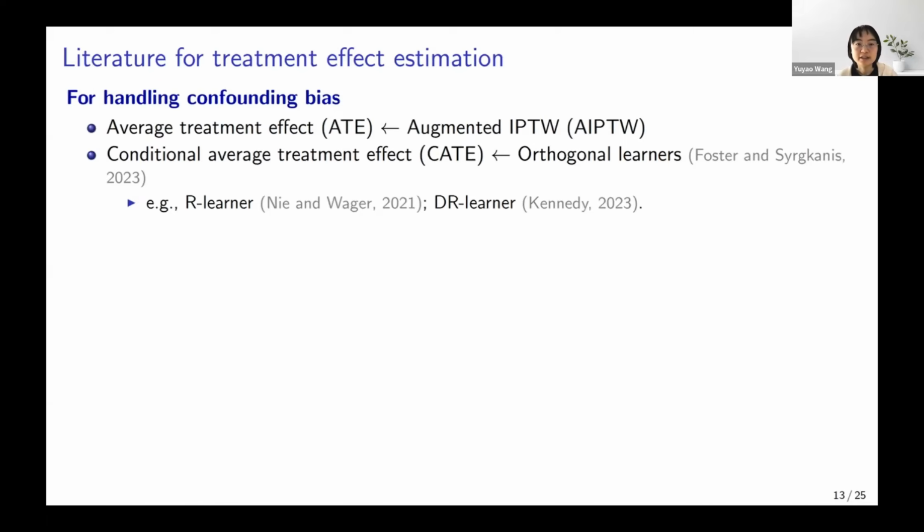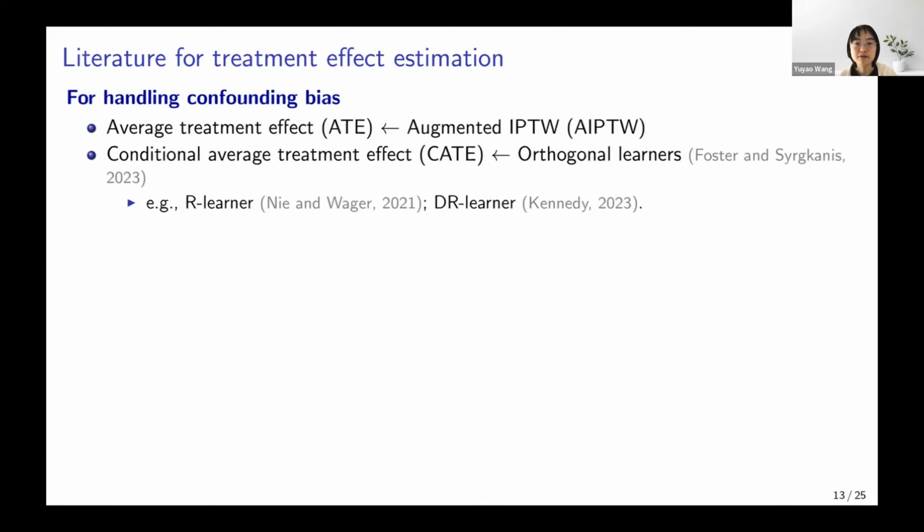In the causal inference literature, two very popular estimands are the average treatment effect and conditional average treatment effect. When there is no left truncation or right censoring, for average treatment effect, the augmented IPW approach has been developed, which was shown to be doubly robust.